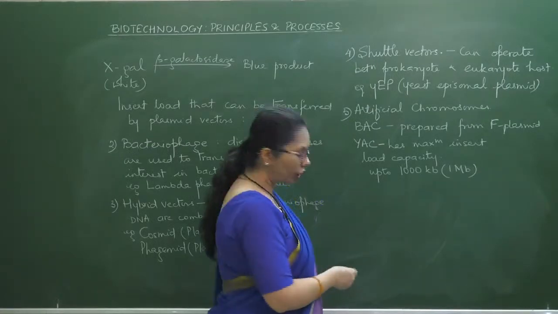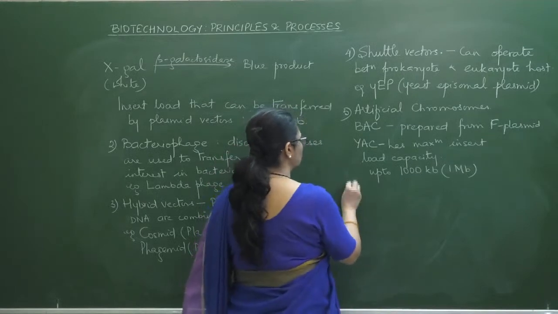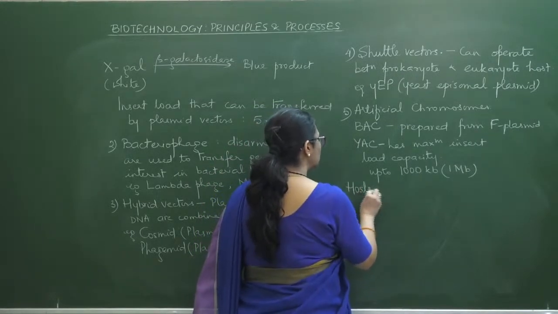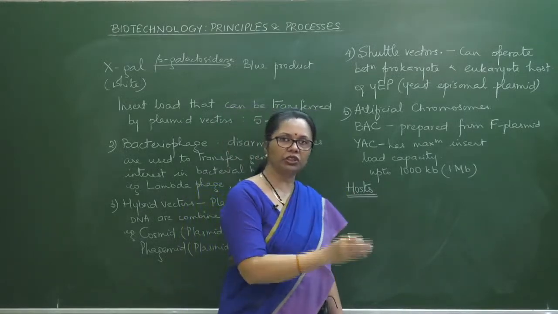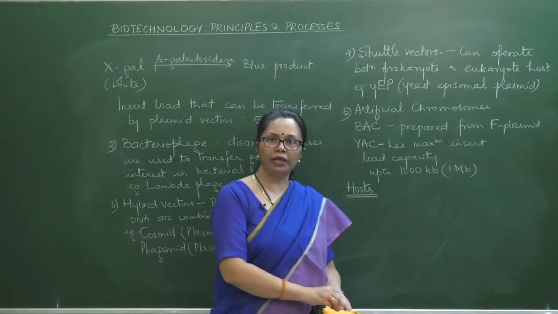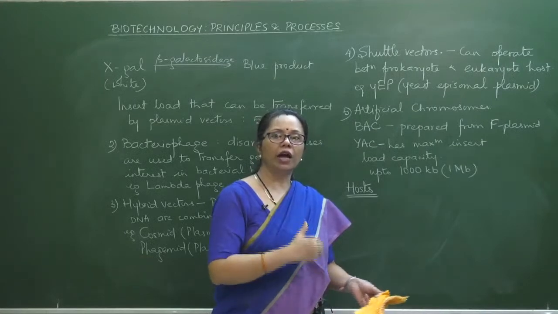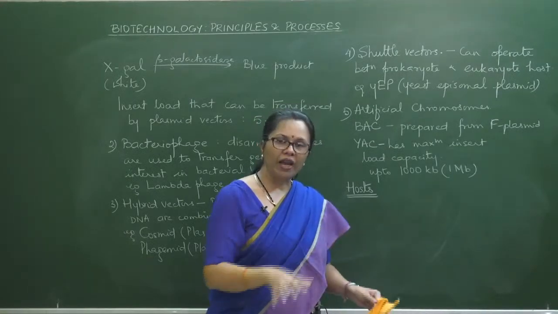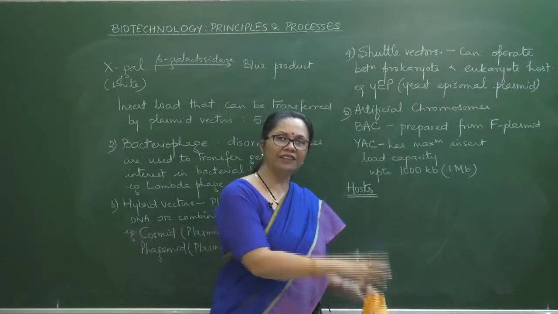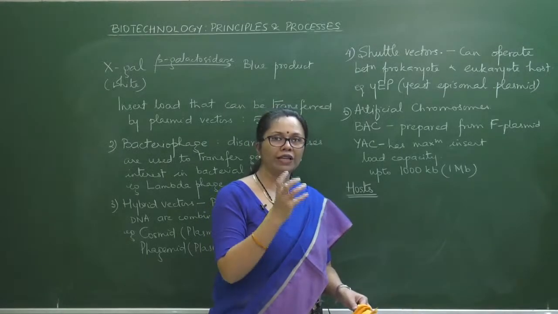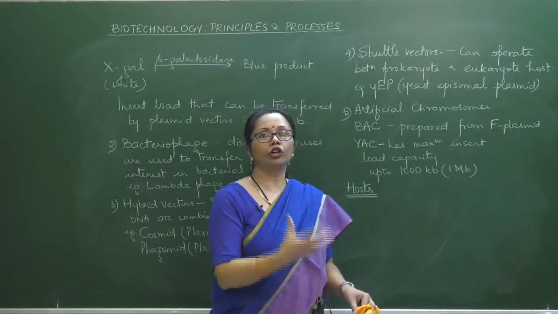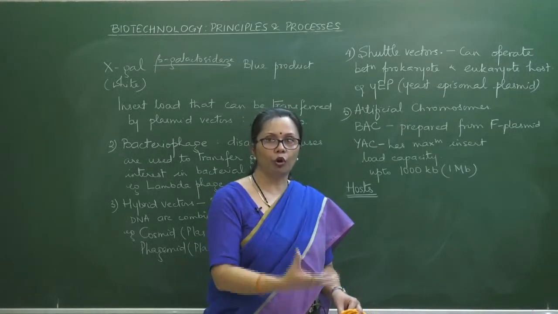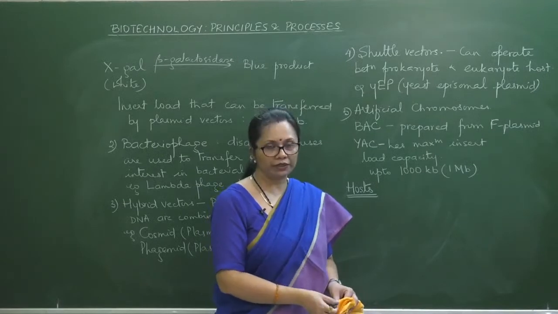So the third category we can move on to is hosts. For a genetic engineer, the first thing he would need is an enzyme to manipulate the DNA. Then that DNA has to be ligated to another DNA so that it can be sent inside the host cell. And the host cell provides the site or the environment where the recombinant DNA can make its copy as well as express itself.